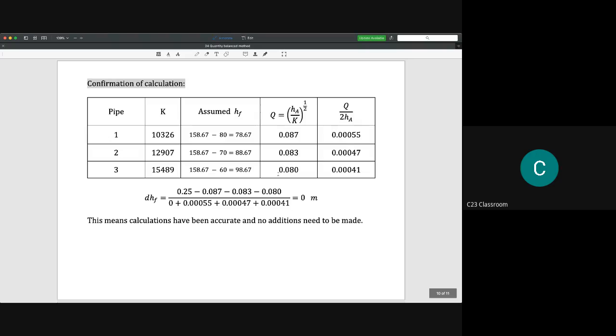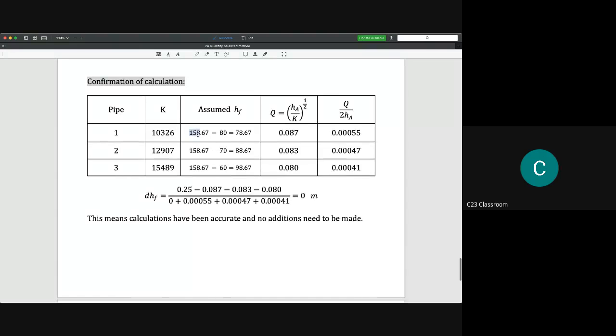And then what you need to do is verify your answer for the second time. This is the confirmation of calculation. You need to calculate again using the same idea, but you need to use the height of 158.67. So for example, we have pipe 1, pipe 2, and pipe 3, and then we have the value of K. The value of K remains constant, so it does not change whether the height is different.